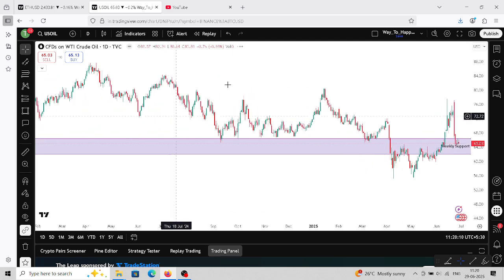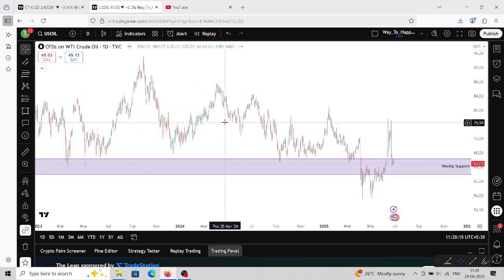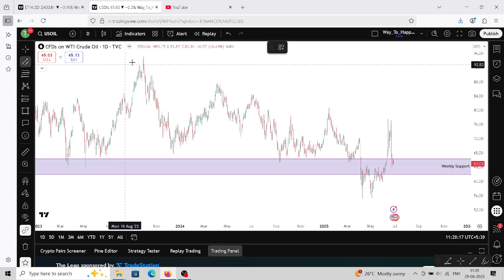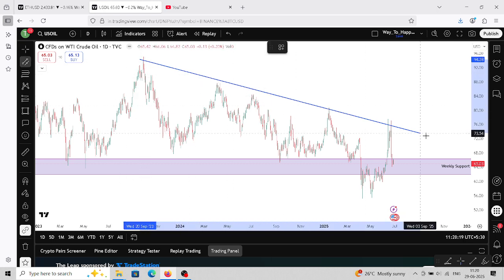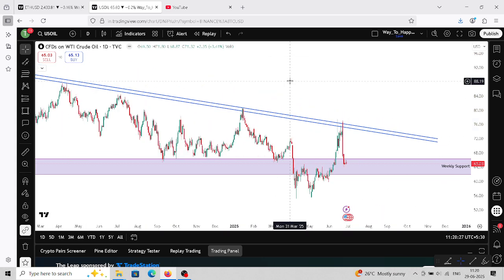Now, if I convert this to a day time frame, on a day time frame, is the slope like this? The slope is exactly like that.